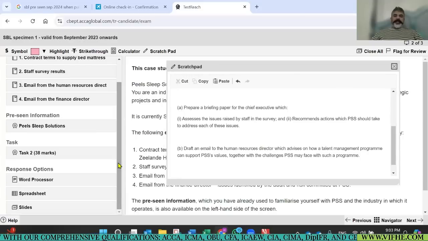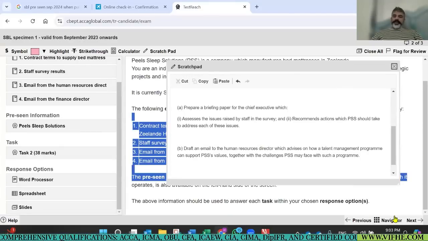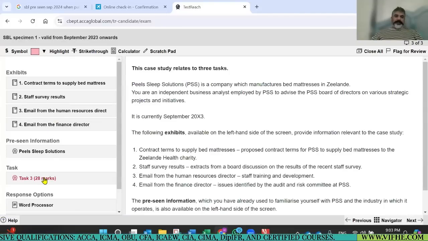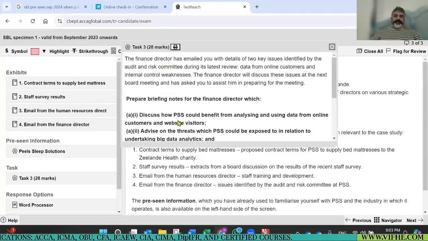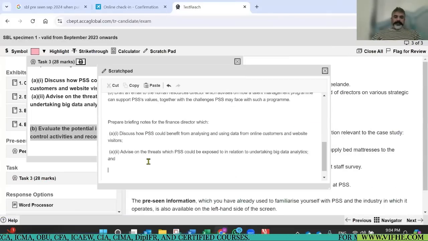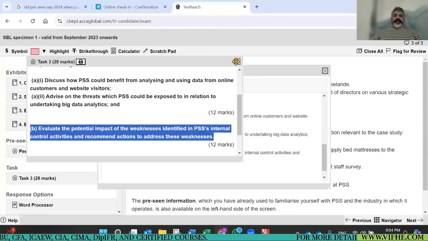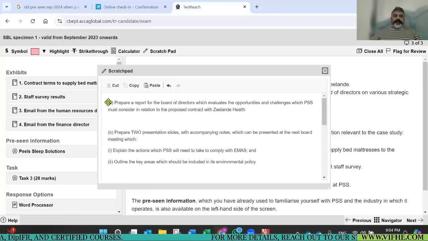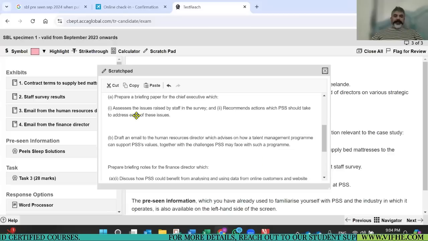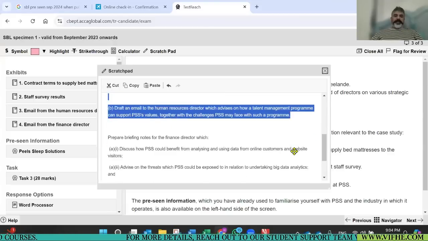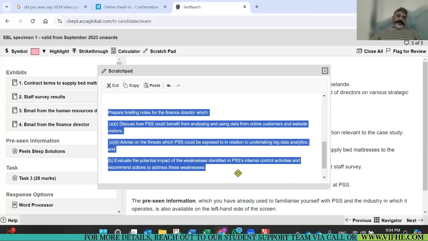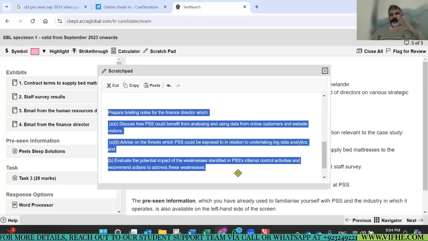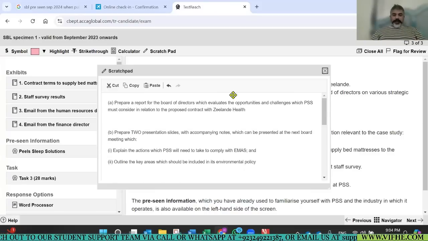And then task number 3. It will take you a maximum of 2 minutes. But it's worth it. I'm done. So now I have copy pasted everything onto the scratch pad: 1A, 1B, 2A, 2B, and 3A, 3B. Only the technical requirement, not the professional marks or any extra thing. I want to keep it short and focused.